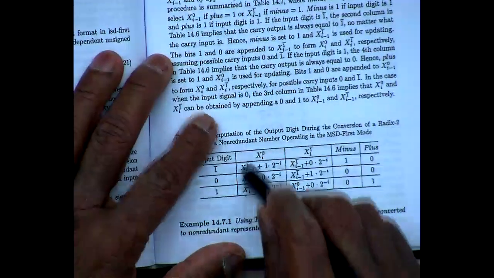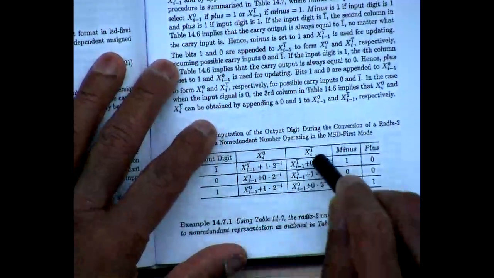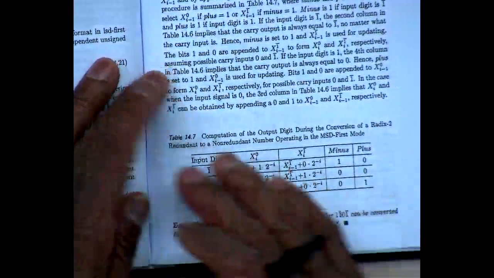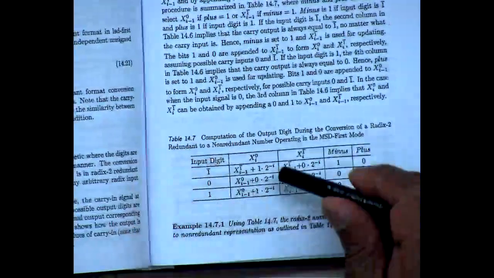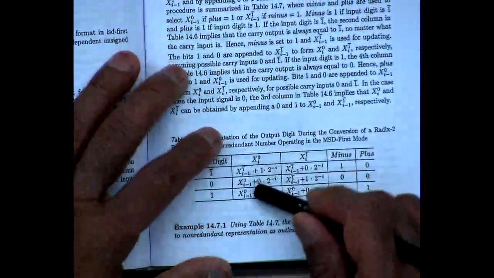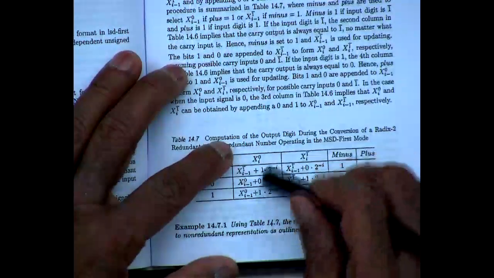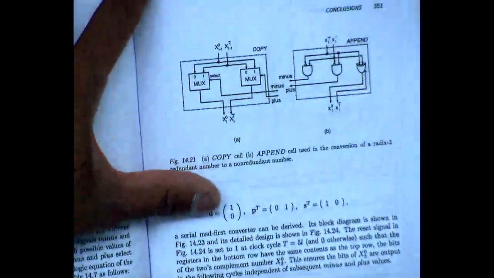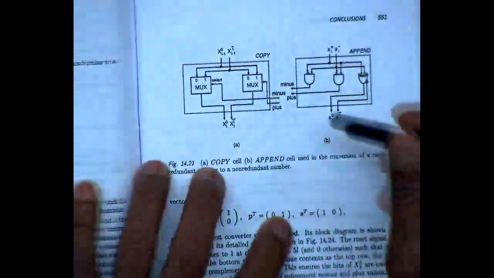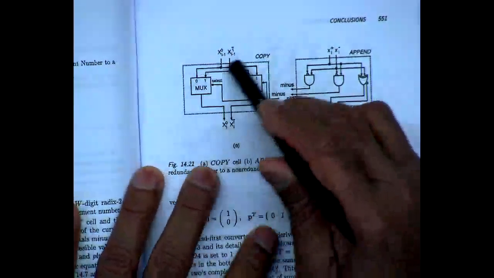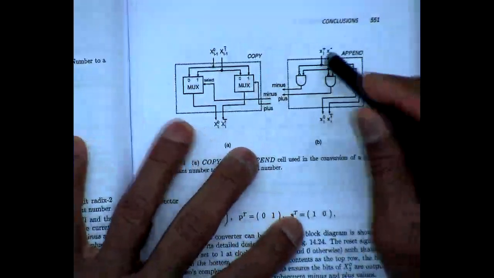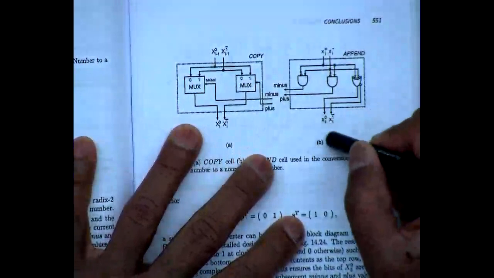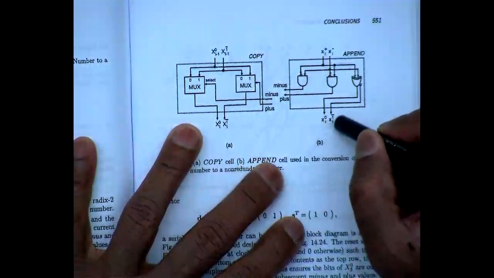So we are taking the previous quantities, these quantities. That's what is being appended. And then finally we are generating these values that I just described as xi0 here and xi1 bar. So those xi0, those are being copied. So this is the copy, and the append. The append is appending xi0 and xi1 bar.